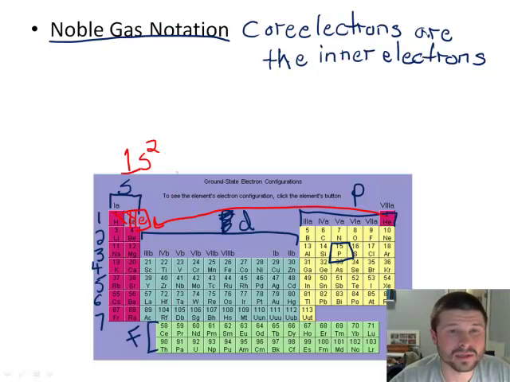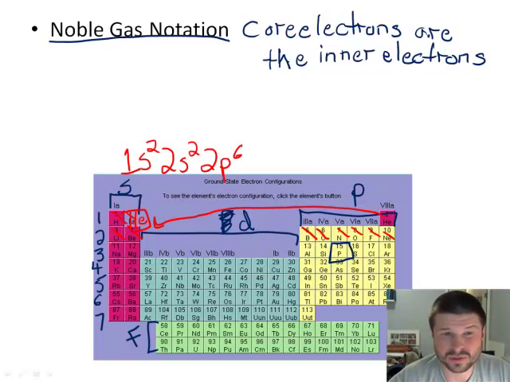So 1s2, and then there's no more electrons in that row, so now I go to the 2s, and 2s can fit 2. So that's a total of 4 electrons. Then I make my way over to the 2p. That's what comes next. Fill that up. That gives us 2p6. And then I go to the next energy level, which is 3.